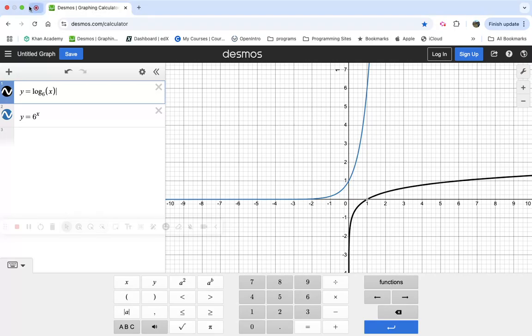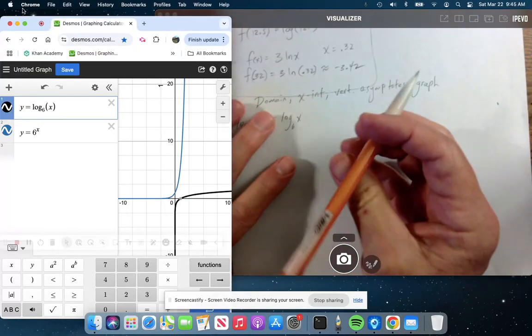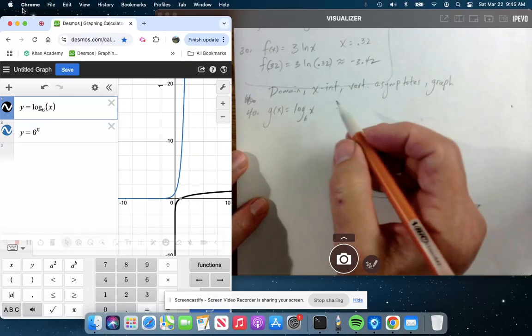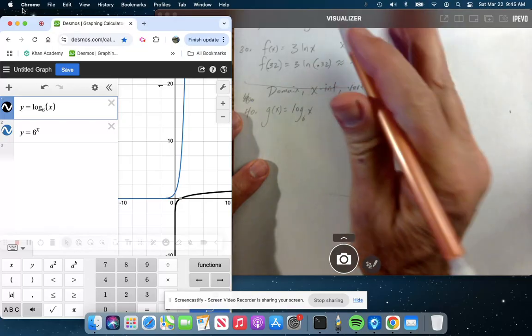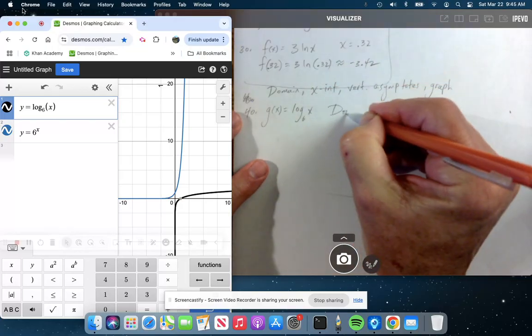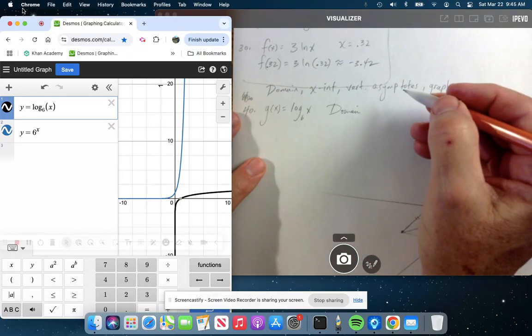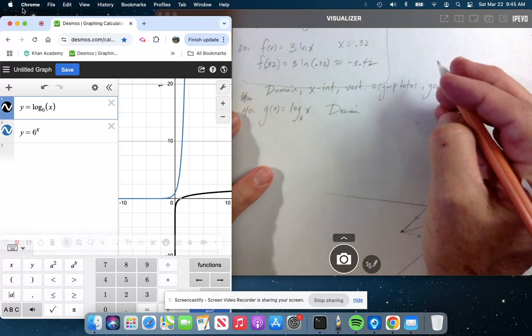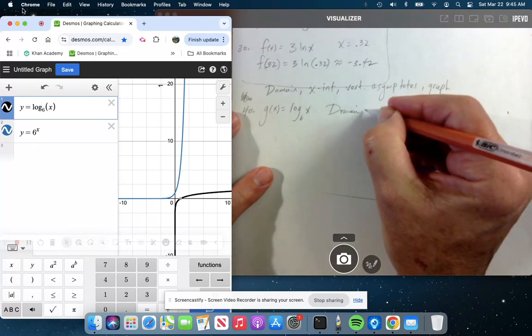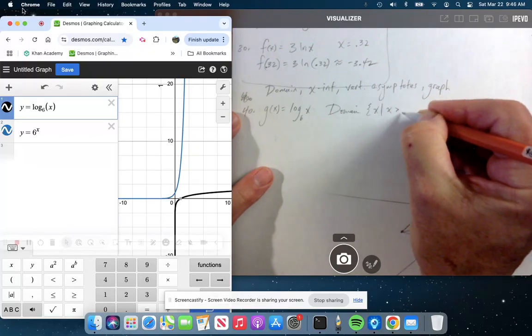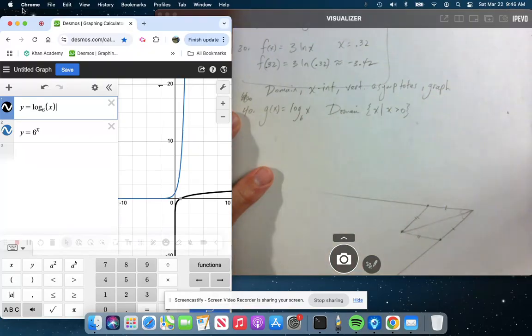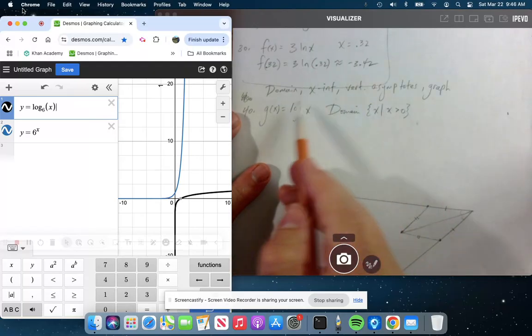So to answer these questions, it says, what's the domain? You can clearly see that the domain is basically all x's greater than 0, right? So the domain is all x's such that x is greater than 0. There's different ways to write that, but that's one way. So we got the domain.